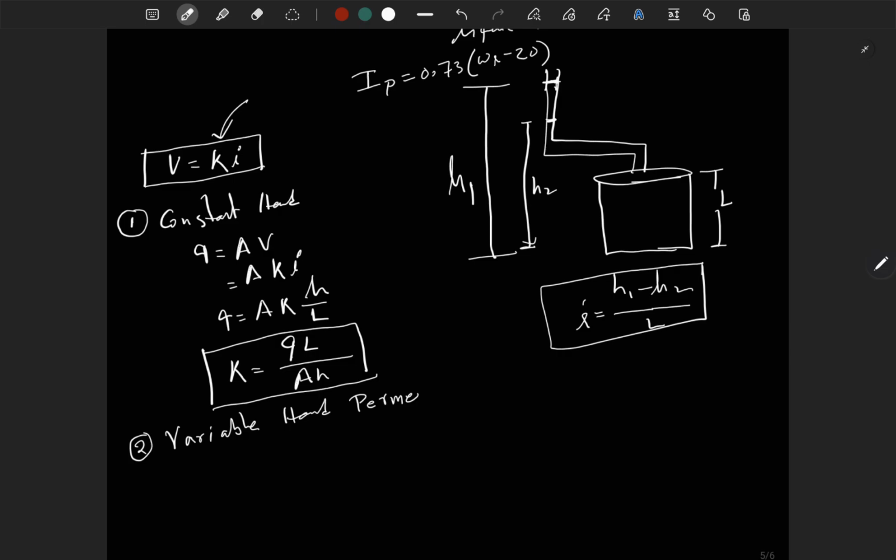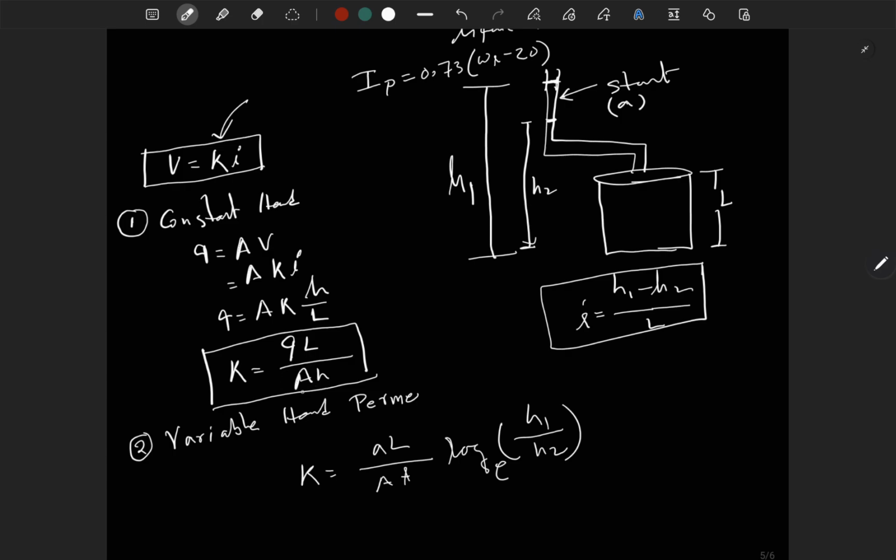In that case the value of K is equal to A L divided by A T, log H1 by H2. Here L is the length of the sample, and A is the area of this pipe.